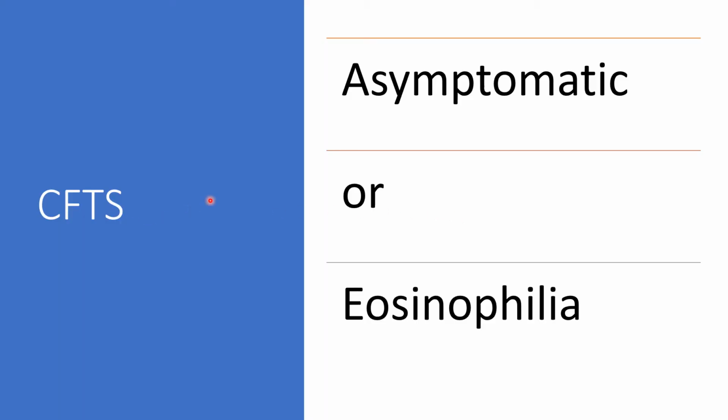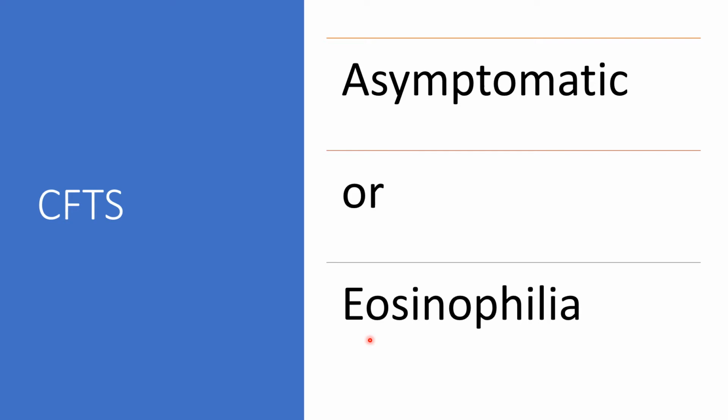The clinical features mostly will be nothing, asymptomatic. But in so many conditions, particularly amongst travelers, so you are a physician, you are not in the endemic zone for schistosomiasis, but you are picking up a high level of eosinophils, and you've gone through the possible differential diagnosis of eosinophilia.